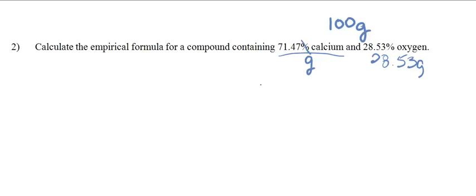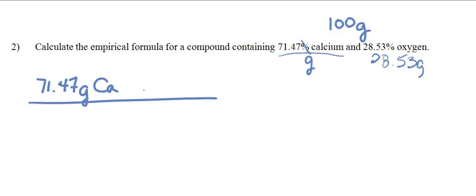So again, if you're given percentages, my advice is to pretend that you're working with a 100-gram sample and change that percent into a mass. Knowing that, we have 71.47 grams of calcium. We want to find out how many moles that is.